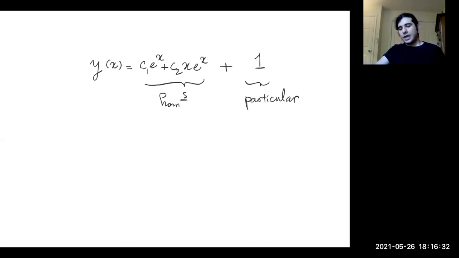Okay. Now let's make it slightly more complicated. Sometimes this non-homogeneous part itself can have different terms. So for example, let's consider this other equation.